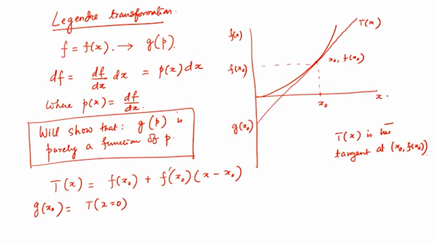Okay. All right. So, g of x 0, let me go to the next page. So, g of x 0 is equal to f of x 0 minus x 0 f prime of x 0, correct. So, this is an equation that we know. Now, this is at a given point x 0, but it can be at any point.